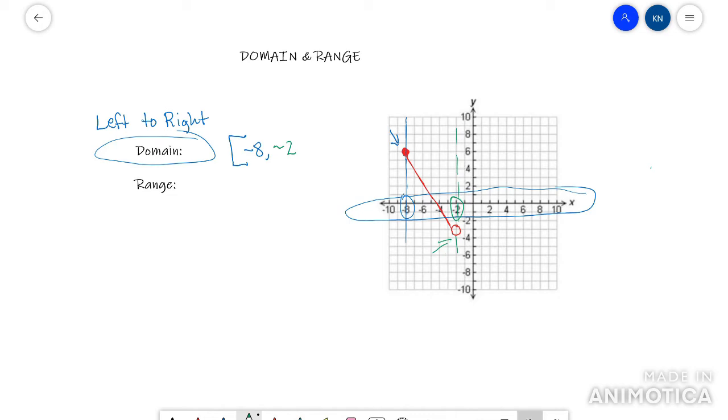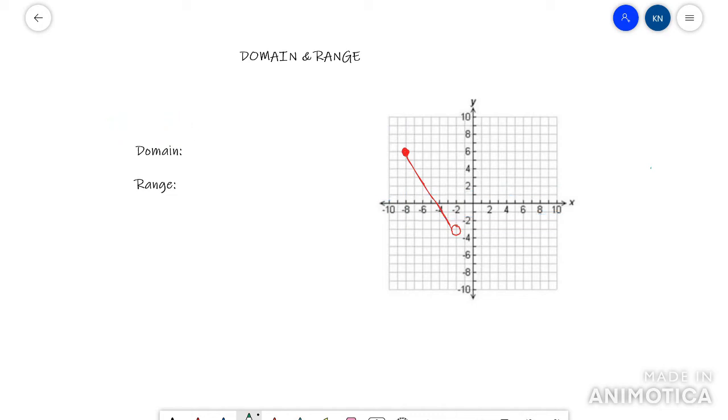Now for range, let me clean this up a little bit, that way I don't confuse you. All right.